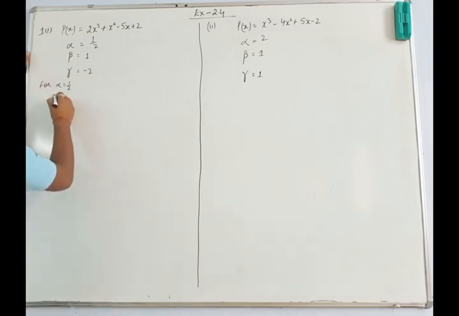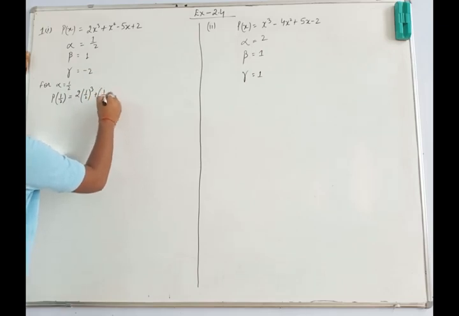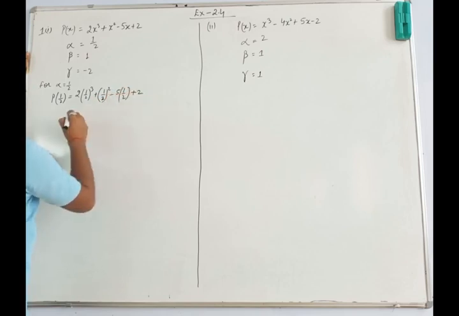So let's see. At first we put the value of x as half, so p(1/2) = 2(1/2)^3 + (1/2)^2 - 5(1/2) + 2.